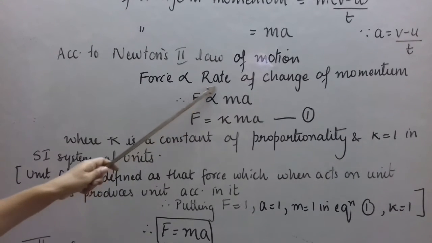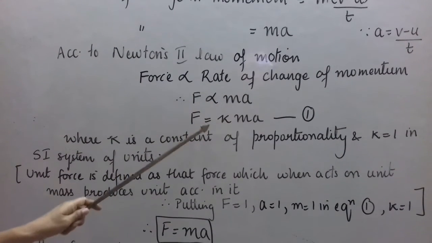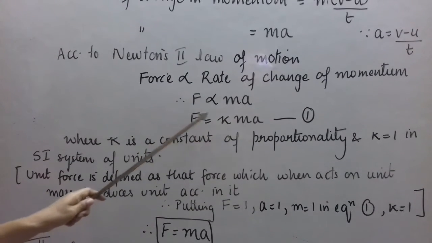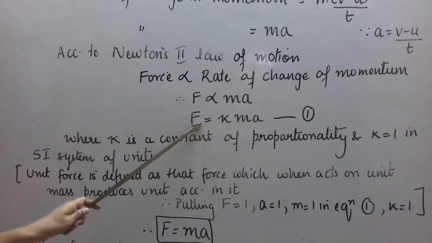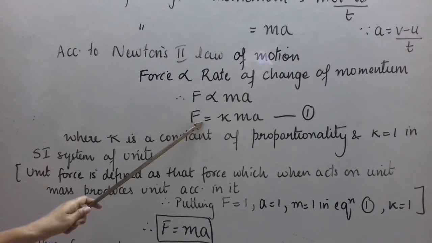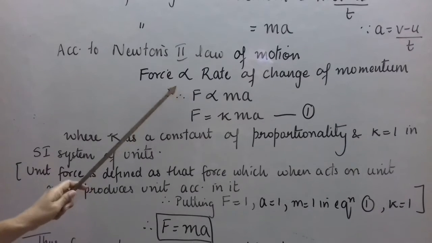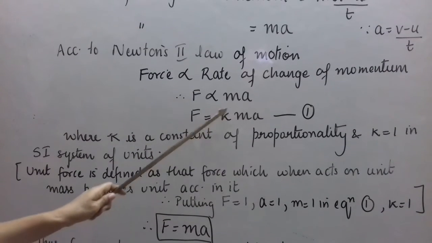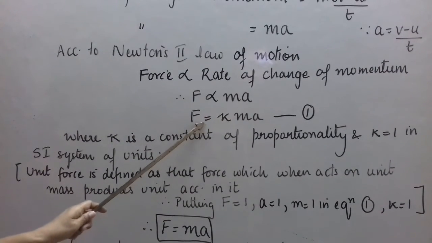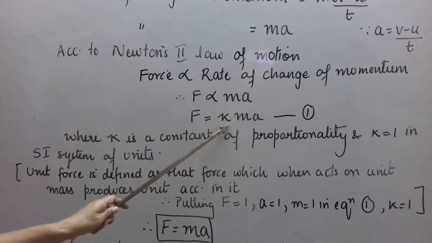Whenever we convert this proportionality sign into an equal to sign, we have to multiply one of the two sides with some constant, and we call that constant the constant of proportionality. In this case, let us write F is equal to Kma. Let that constant of proportionality be on the right hand side.